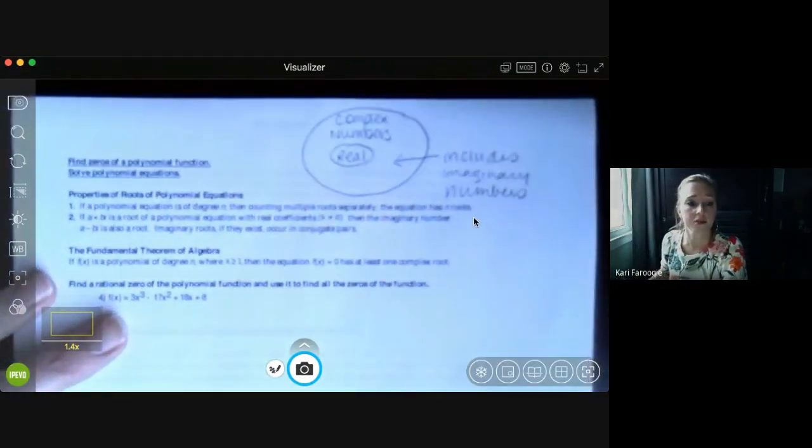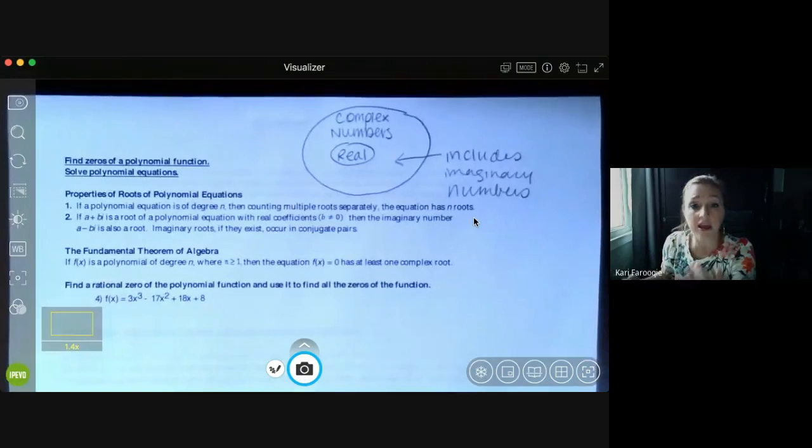So the set of complex numbers includes real numbers and imaginary numbers. So when you see that your equation f of x equals 0 has to have at least one complex root by the fundamental theorem of algebra, that doesn't mean that it has to be an imaginary root.